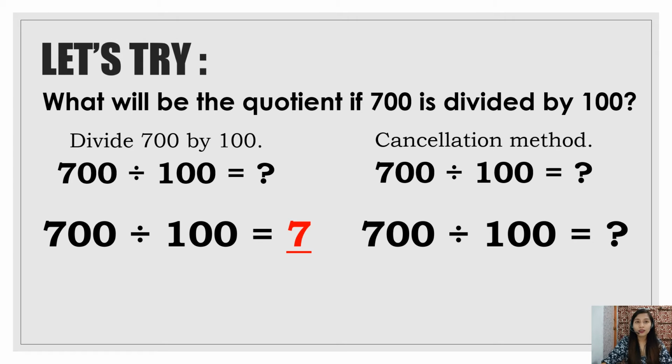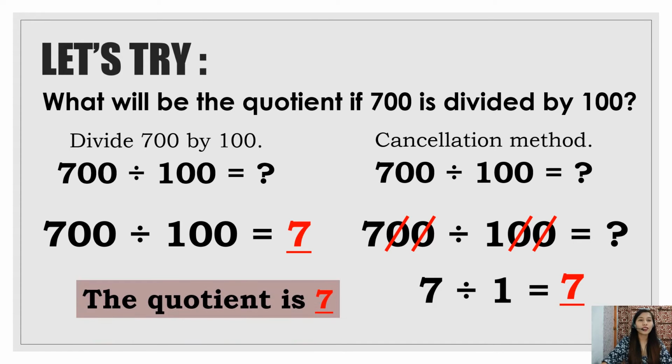We simply cross out the zeros: the zeros in 100 and the zeros in 700. And we come up with 7 divided by 1 is equal to 7. So the quotient is 7.